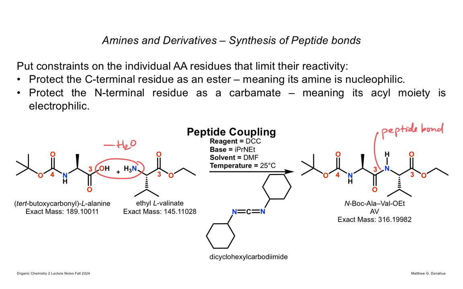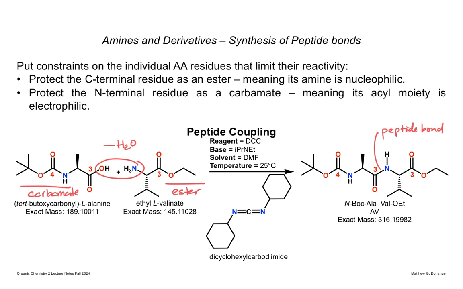To do that, we've protected this as an ester, and we've protected that nitrogen as a carbamate. So that limits the amine on the valine and the acid on the alanine. Those are the only things that can now couple.